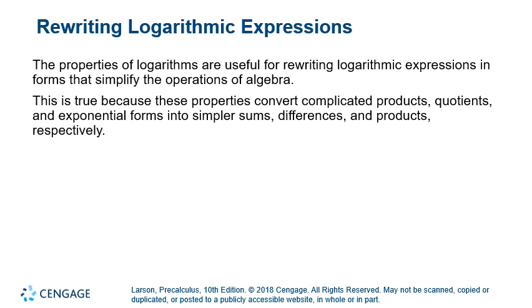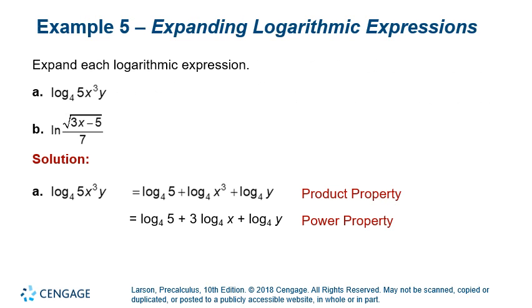Now, as far as rewriting them, we can expand them or we can condense them. So we can make them longer and expand them out, or we can take things that have been expanded and condense them back down into something simpler. So here's some examples of expanding.